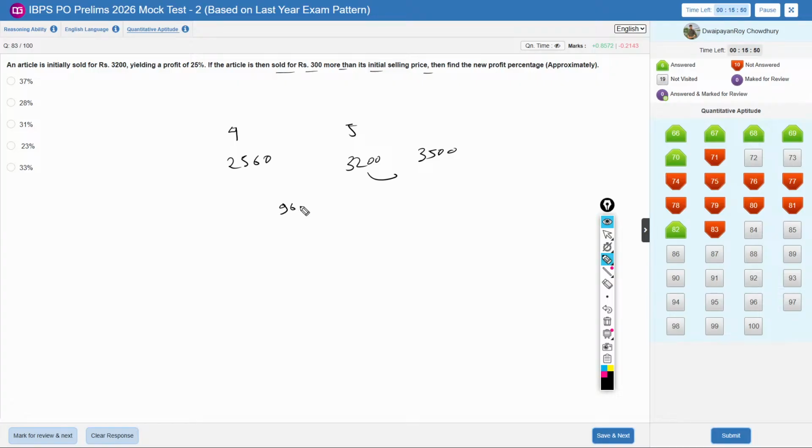So 960 upon 25600. I'll just cancel them out, but it's close to 37%. 30% is 70, 76, 77 plus 7. In fact, plus 10 wouldn't even do. So definitely 37%.